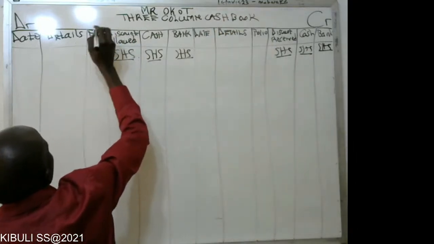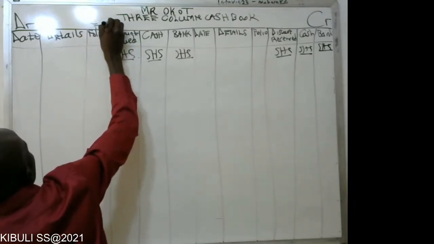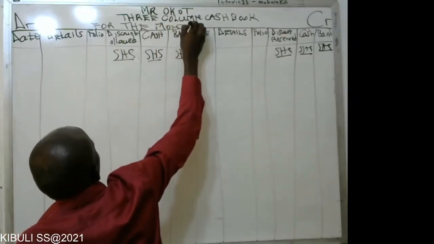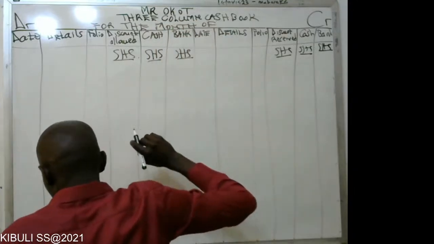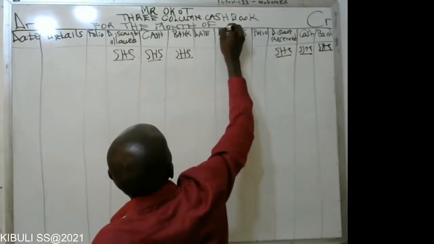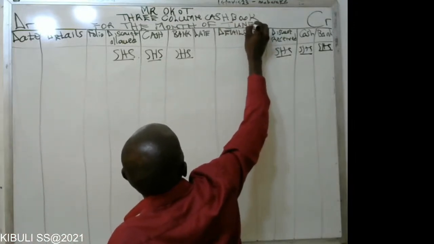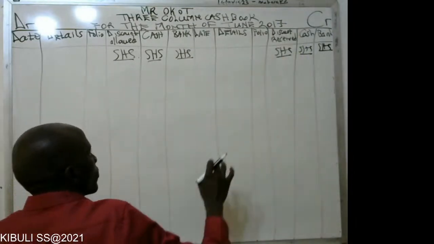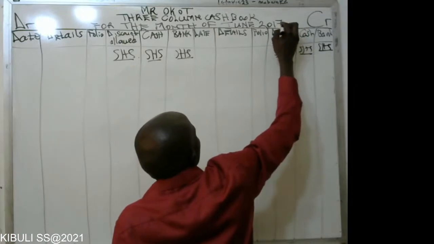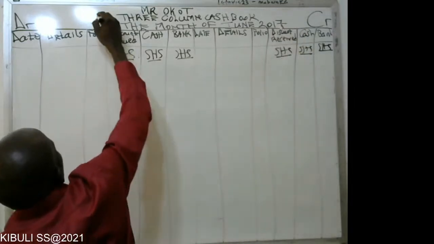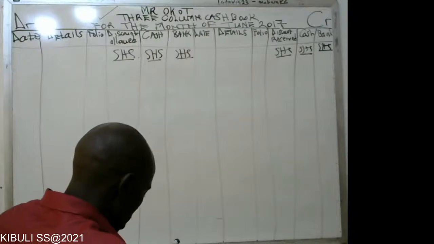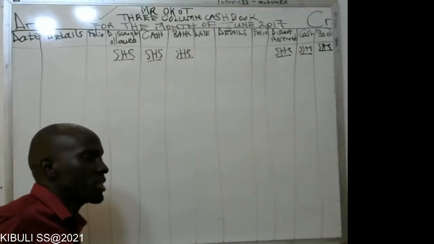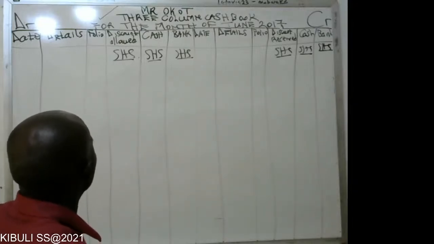For which period? For the month of June 2017. So you already have your tick for a correct title.